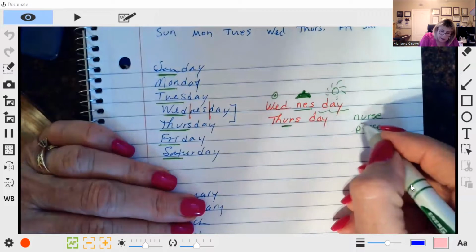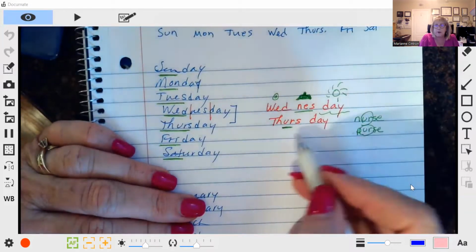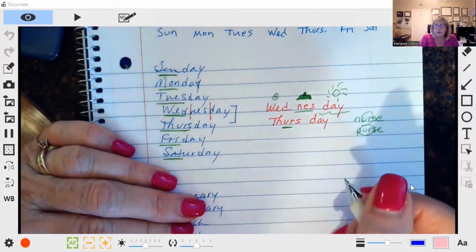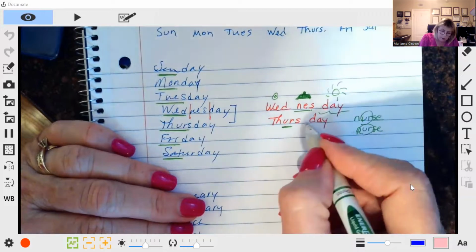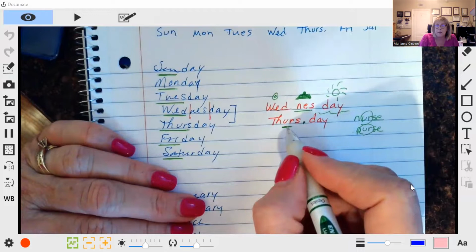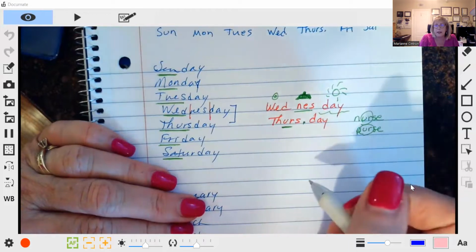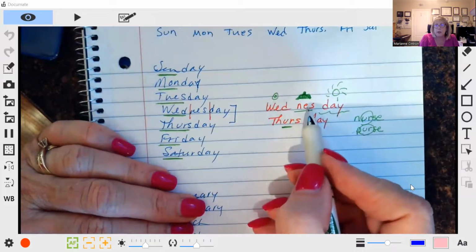This is called a Bossy R. It's 2 letters. The R after a vowel makes the U have a different sound. Thursday. So if you could show him, that's why this is challenging. It's because it has a Bossy R in it. It also has 2 syllables in it.